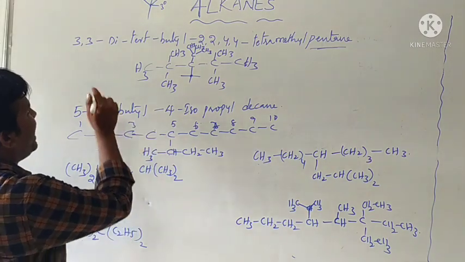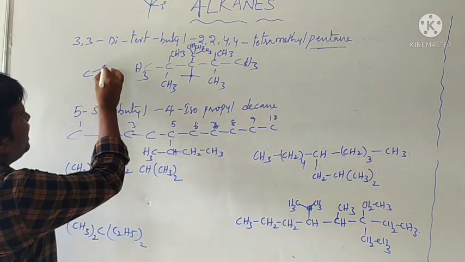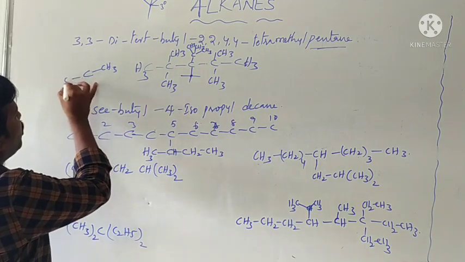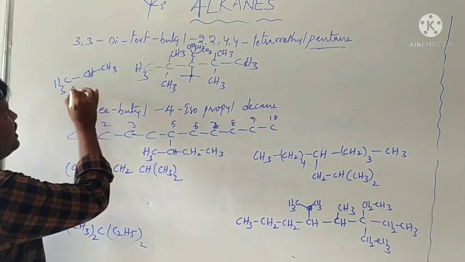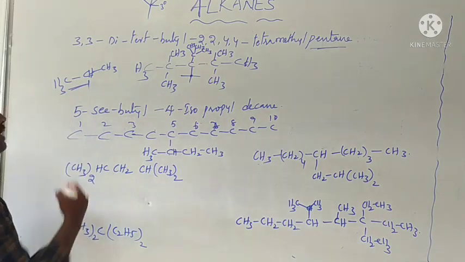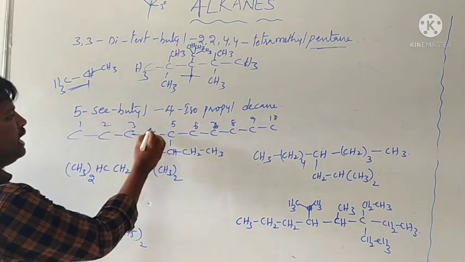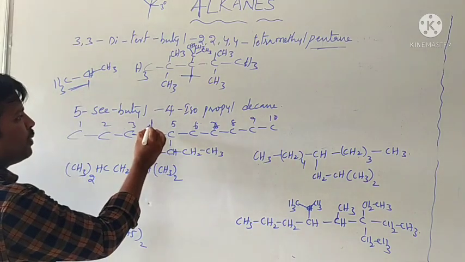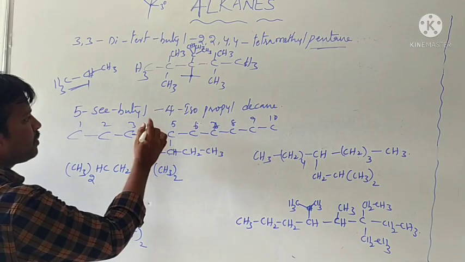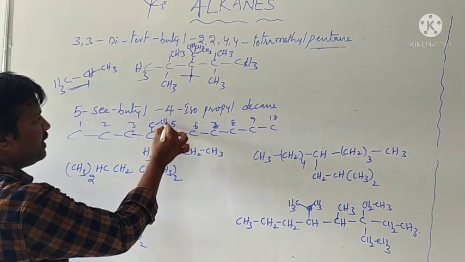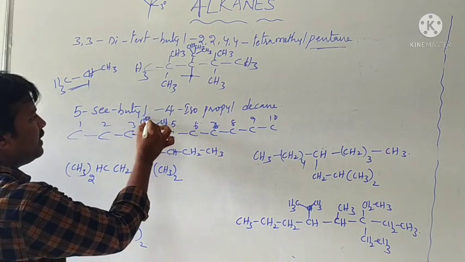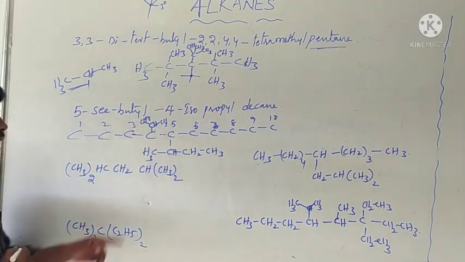Isopropyl means, what is that? Isopropyl means one carbon attached with 2 methyl groups. This is the isopropyl group. Therefore, here is the isopropyl like this: CH3 and CH3, here CH.